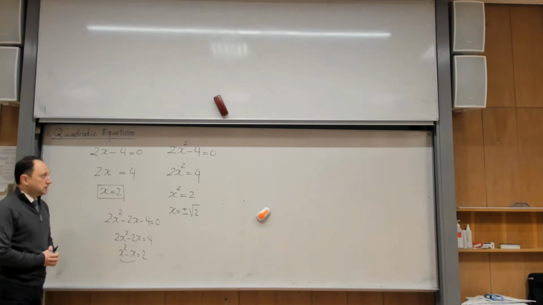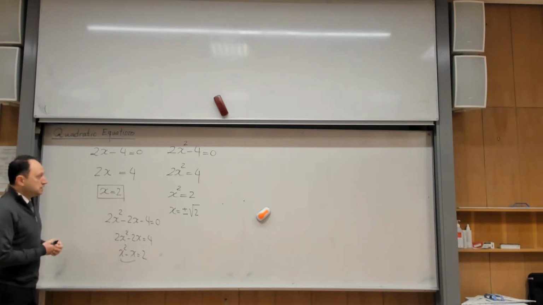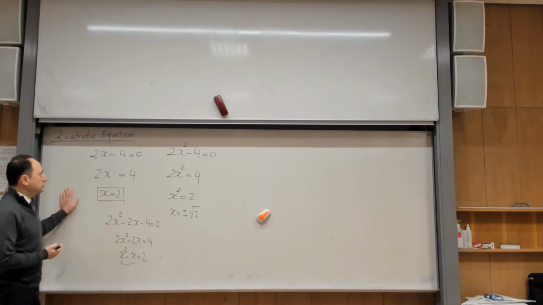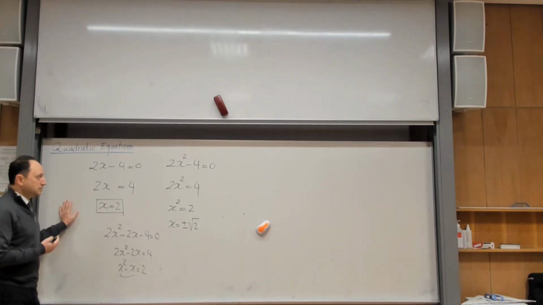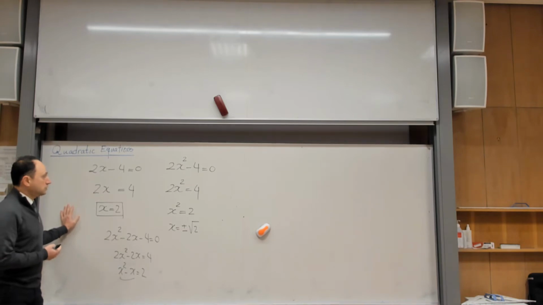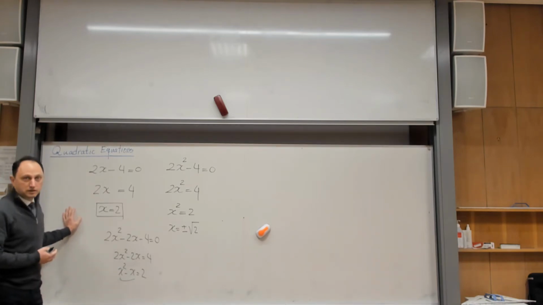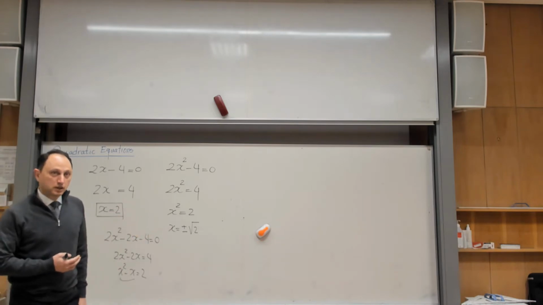Okay, so the topic of today's lesson is simple. We want to know if there is a general systematic way that we can solve all possible quadratic equations. We want to start knowing about that.